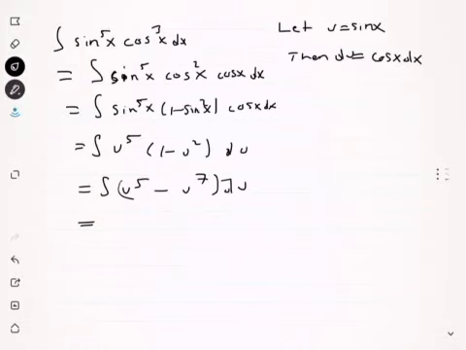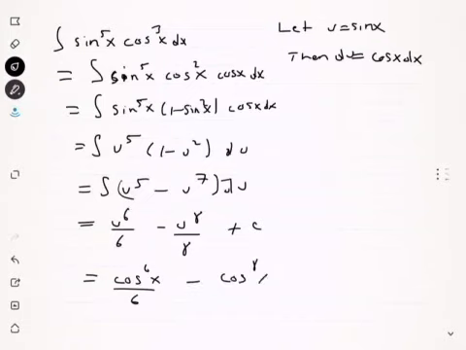So integrating, we get u to the sixth power divided by 6 minus u to the eighth power divided by 8 plus c. Substituting sine back, we get sine to the sixth power divided by 6 minus sine to the eighth power divided by 8 plus c.